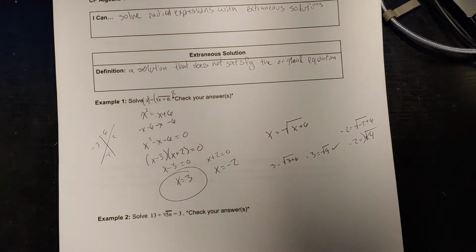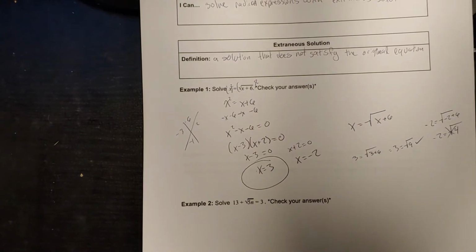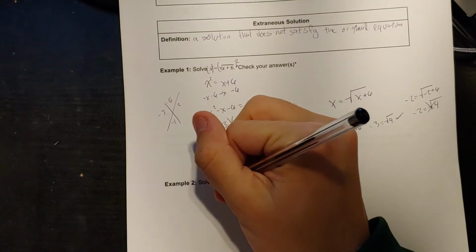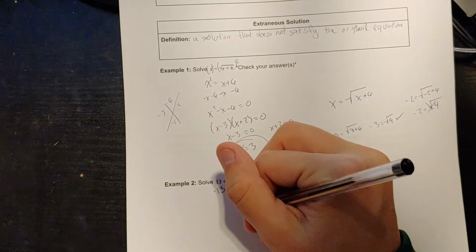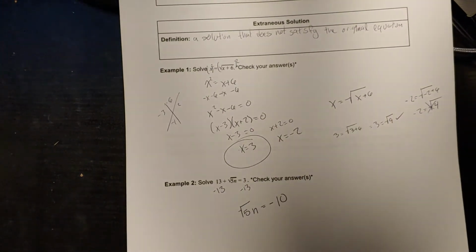Okay. If you see something like number 2, number 2 is actually a lot easier than it seems. You still want to get the radical by itself first. If you get the radical by itself first, you'll notice that the problem becomes a whole lot simpler. So I'm going to subtract 13 from both sides. So I have the square root of 5x equals -10.